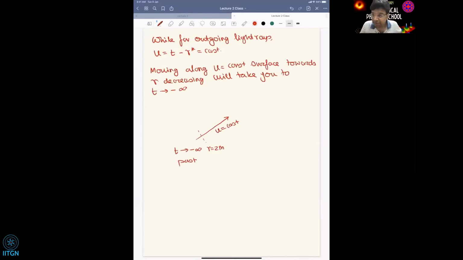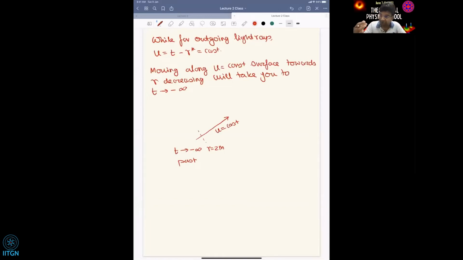So basically, the future of the ingoing light rays is the region inside r equal to 2m, but time-wise it is in the future.